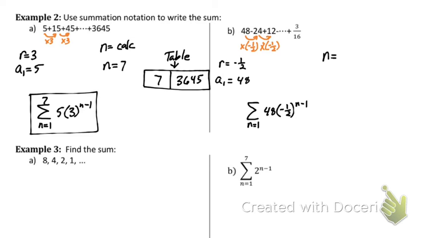Now, quick, before you plug in your calculator, because that's what we're going to do next. We're going to plug in 48 times negative 1 over 2 to the n minus 1. It's going to give you answers in decimals. Does anyone know what 3 over 16 is in decimal form? Probably not. Plug it in first. Go to your home screen, plug in 3 over 16, and figure out what that decimal equals before you go back.